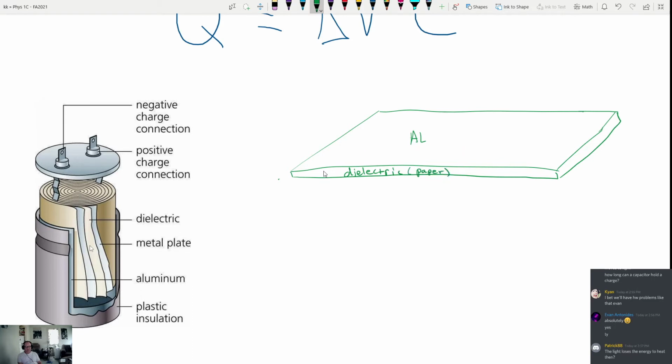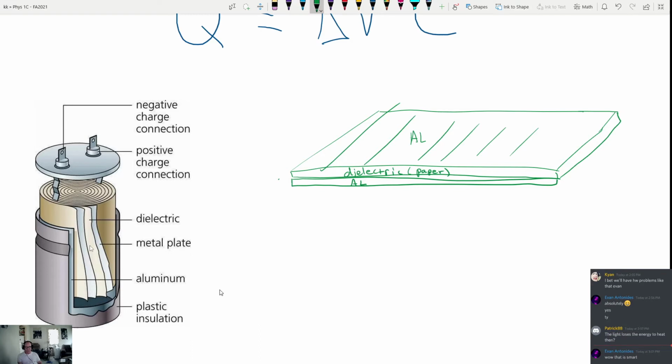So on the top you've got aluminum, in between you have paper, and on the bottom you put another piece of metal, probably the same kind of metal. So down here you have another layer of aluminum. And then to make it look like this, they just roll it up, like a toilet paper roll. Then you connect one side and the other side, and you get this really large amount of capacitance. So instead of having this huge object, you roll it up.